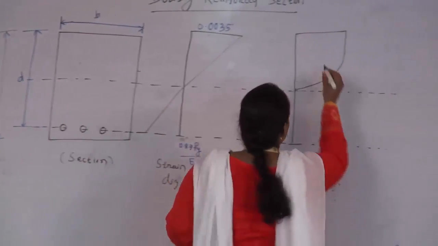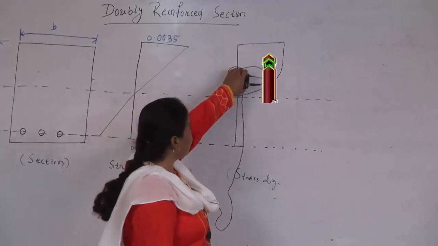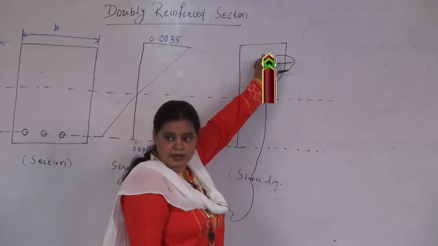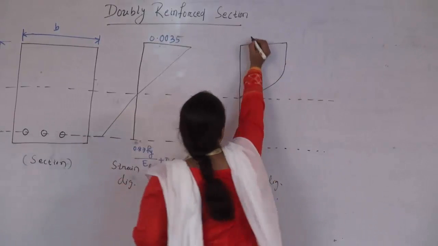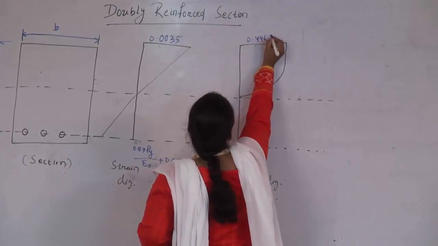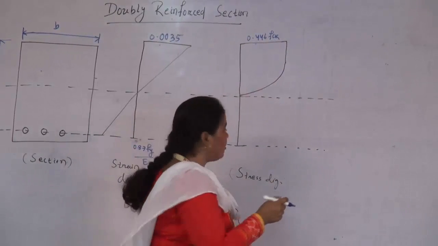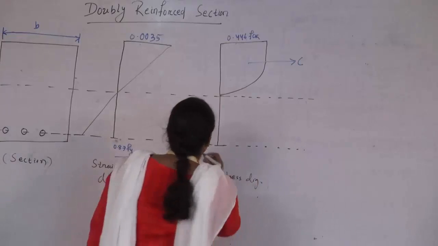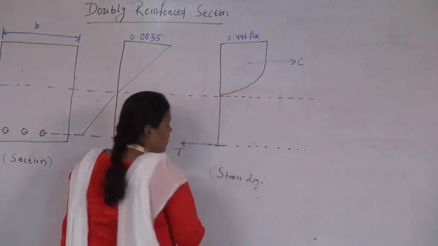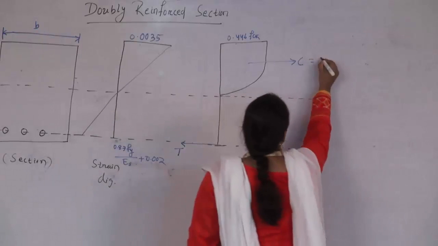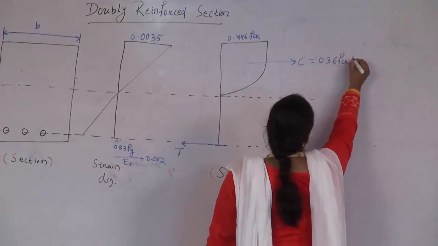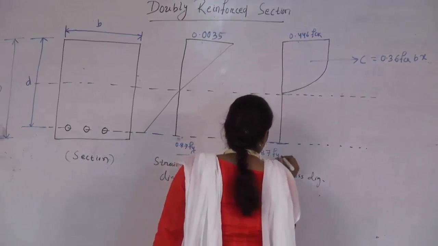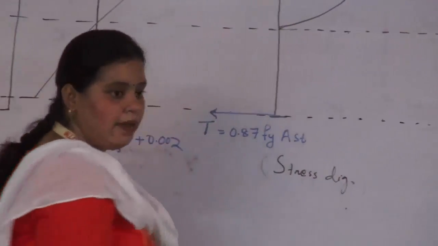Now, whenever the stress diagram behaves as a rectangular block, there is uniform stress, and here the stress is 0.446 fck. We are going to find the compressive force and the tensile force. Our compressive force C is 0.36 fck B into x, and T equals 0.87 fy Ast.